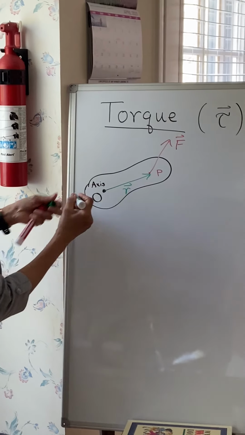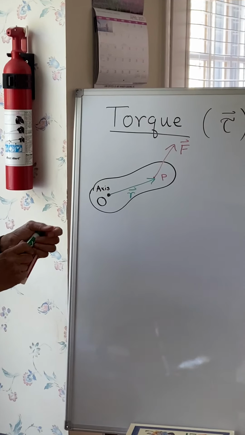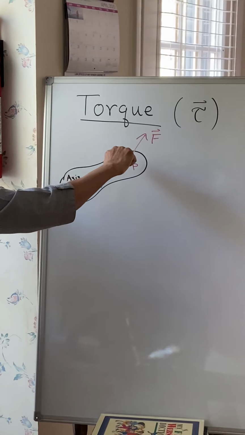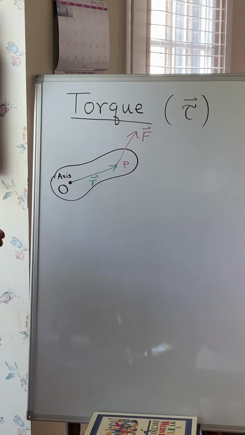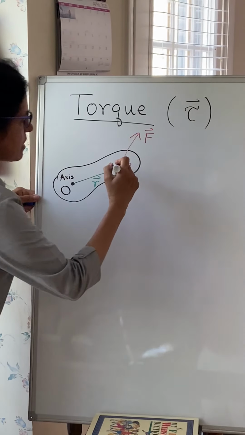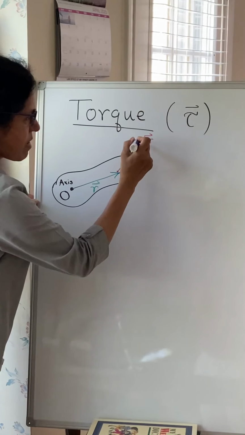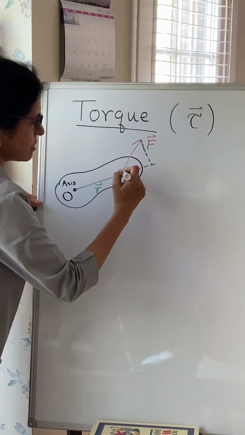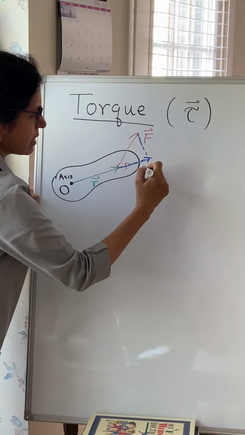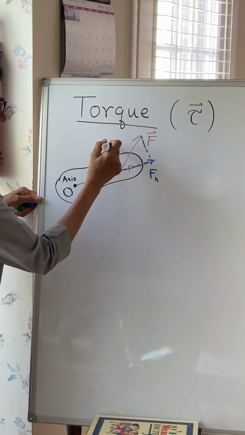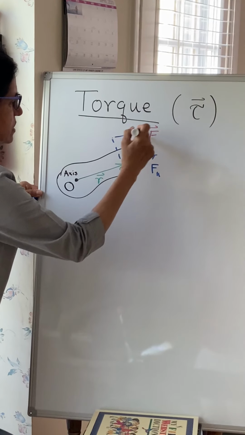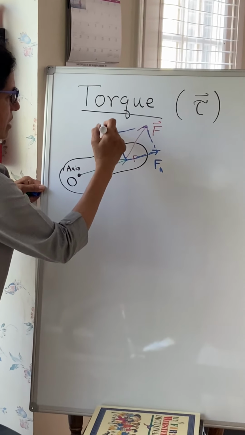So if this is what we call the R vector, the position of the point of application of the force, and the force is applied. If I break this total force F up into two components, you would have a component that's parallel to this, that's F parallel, and a component that's perpendicular to this. So that's your F perpendicular.